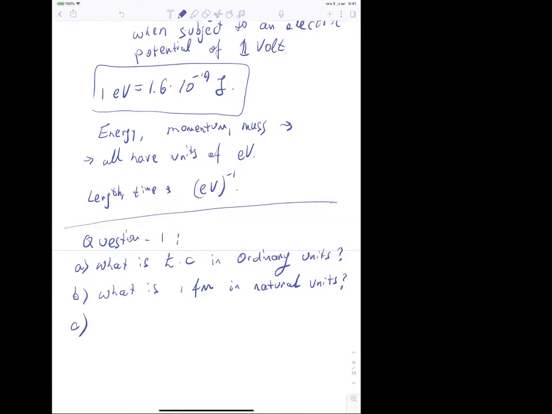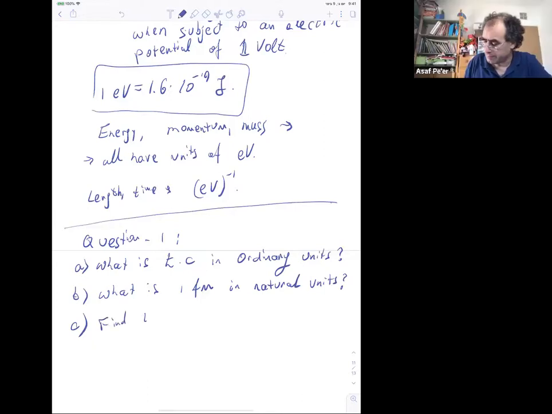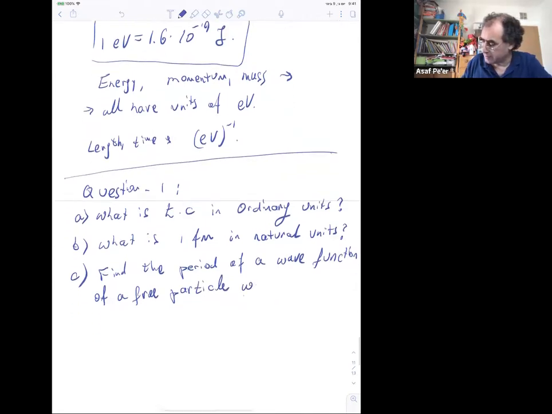C: Find the period of a wave function of a free particle with a mass of 1 GeV in natural units, in the particle's rest frame.